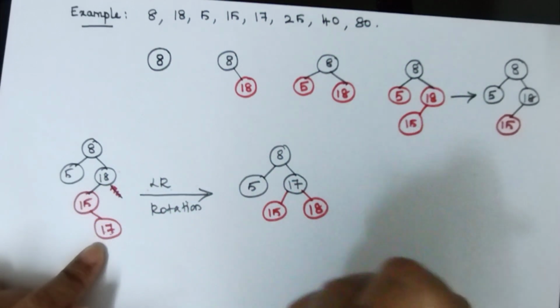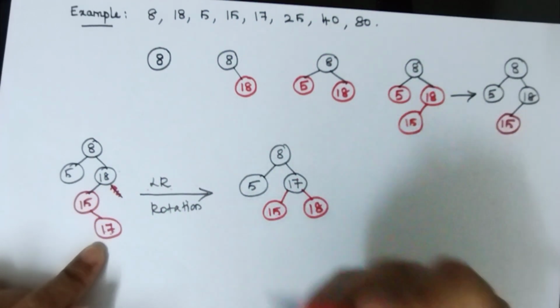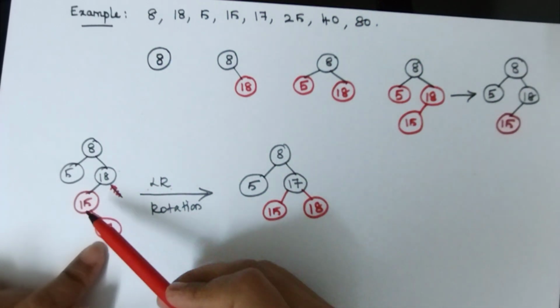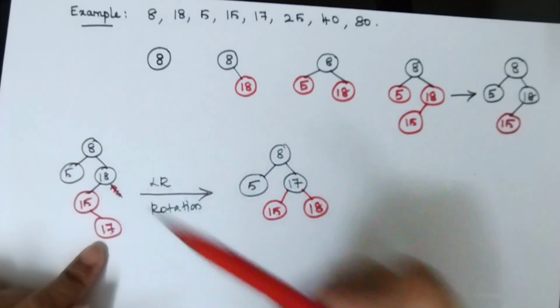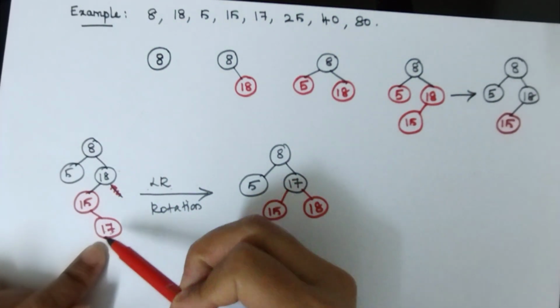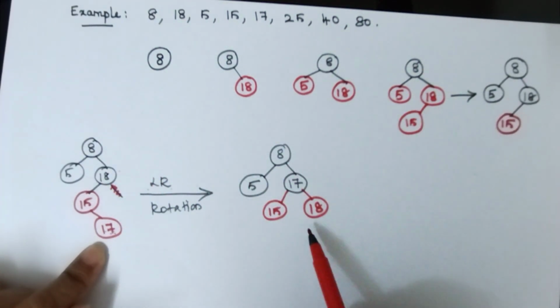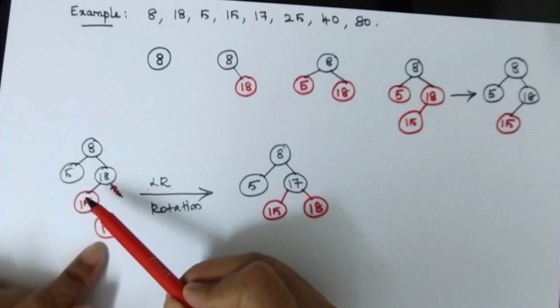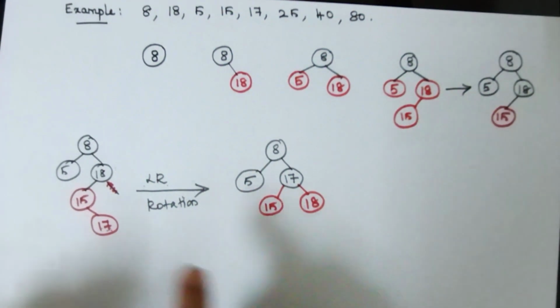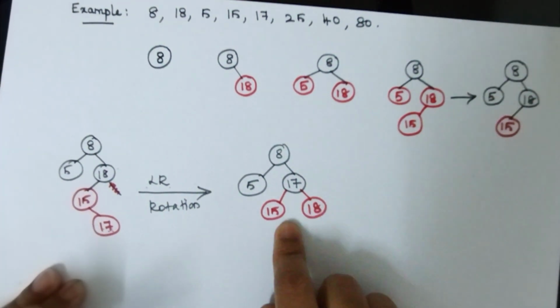But if you are doing a single rotation, say LL rotation or RR rotation, in that case the colors should be swapped between the parent node and the grandparent node. If it is double rotation, remember that you need to swap the colors of the child node and grandparent node. That is what I have done here. But when you are performing a single rotation, you need to swap the colors of the parent and grandparent. So this is the tree after rotation and recoloring.